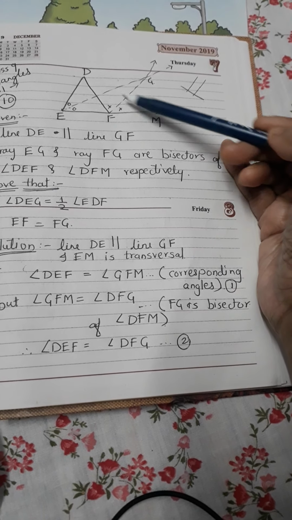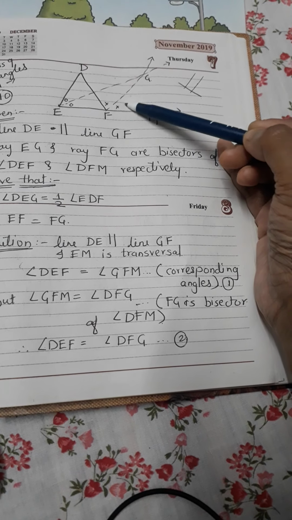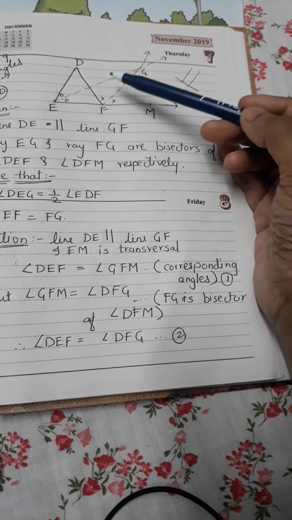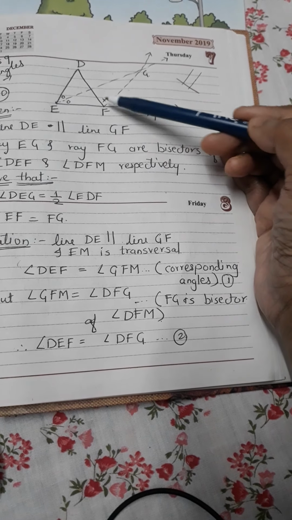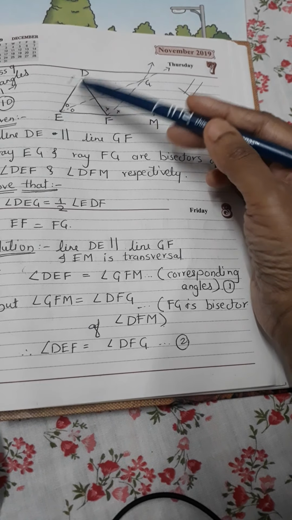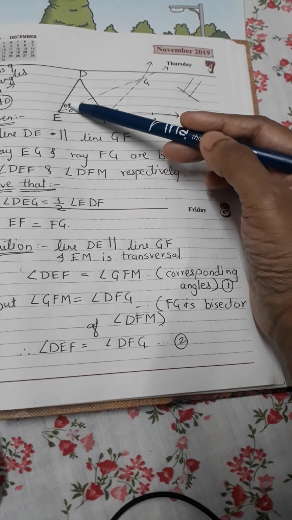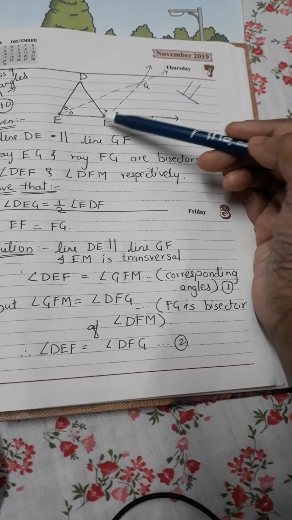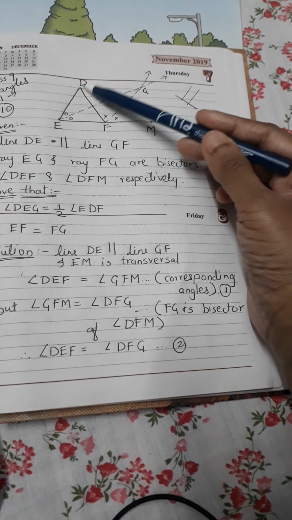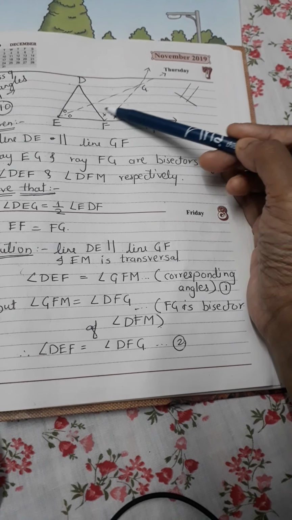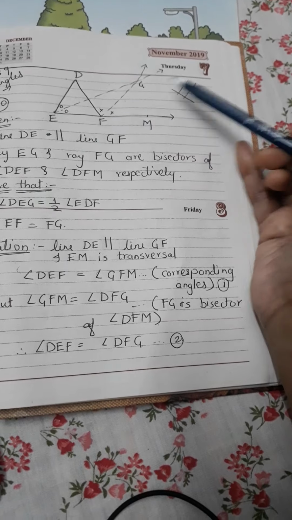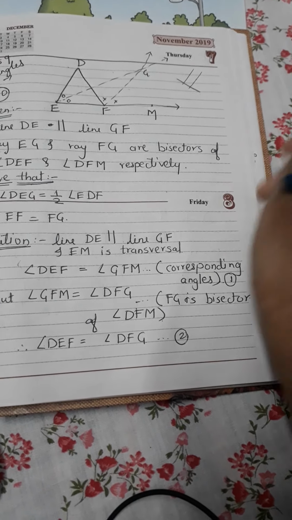Initially I told you these two angles are the same, so instead of this I am going to use this angle, that is DFG. So angle DEF will be equal to DFG. Initially I wrote DEF is equal to GFM; now instead of GFM I am putting DFG, because these two are equal. And why are these two the same? Because they are corresponding angles. Now let's move further.